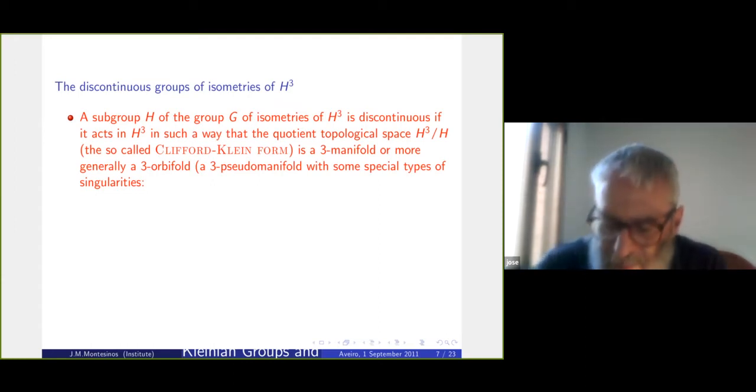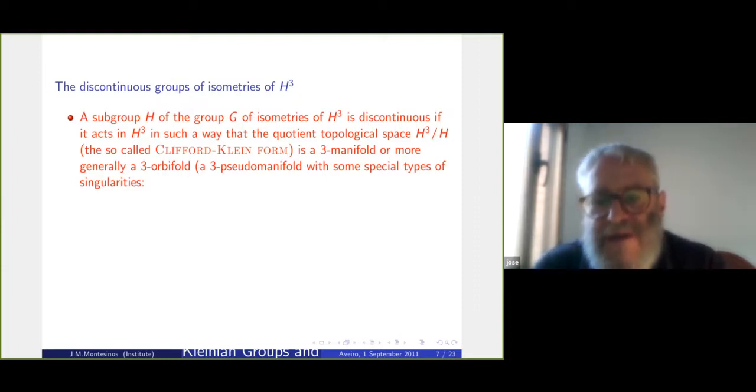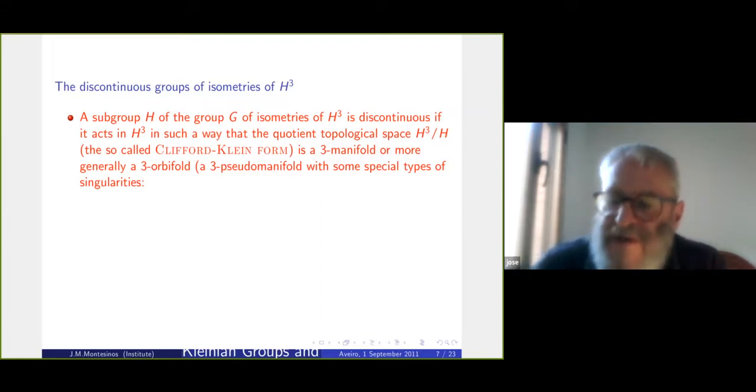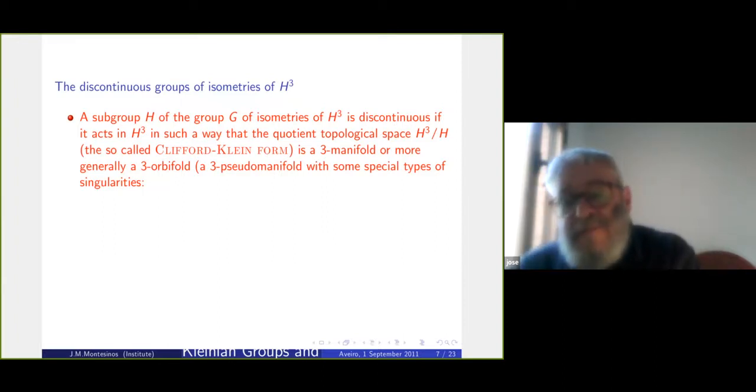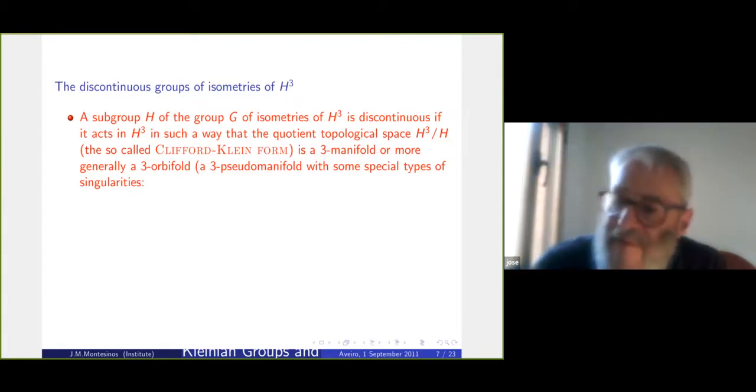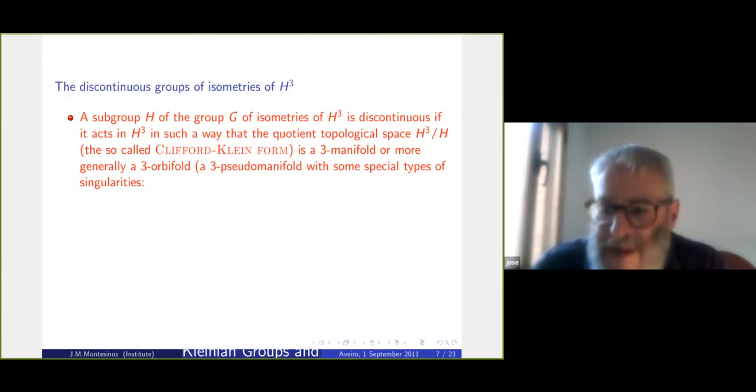But this group of isometries is a Lie group, the group of isometries that preserve the orientation of the hyperbolic space. It is a Lie group, but sometimes it contains discrete groups, so-called discontinuous groups of isometries of H3. And this is the origin of hyperbolic manifolds, hyperbolic orbifolds, and arithmetic groups comes from here.